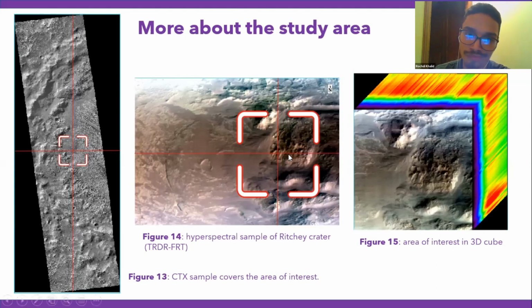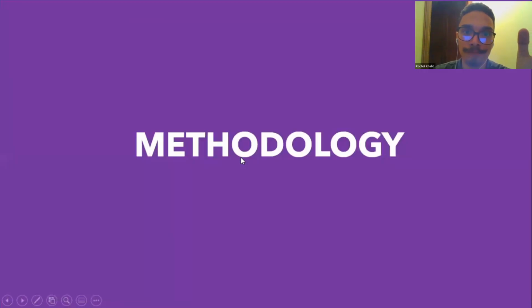So that's just a look at our hyperspectral sample of Ritchey crater, and here is a 3D cube of the visible near infrared band. This was built using NDGI software.